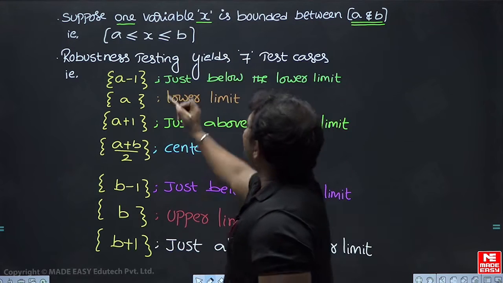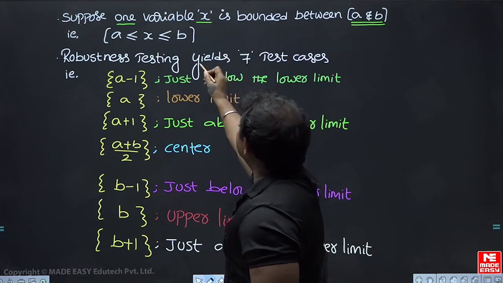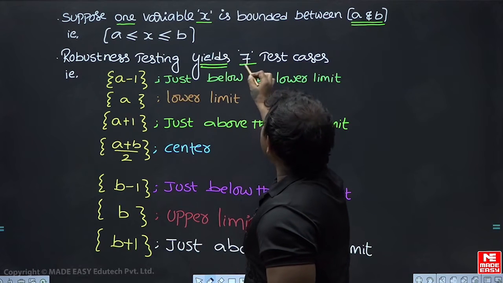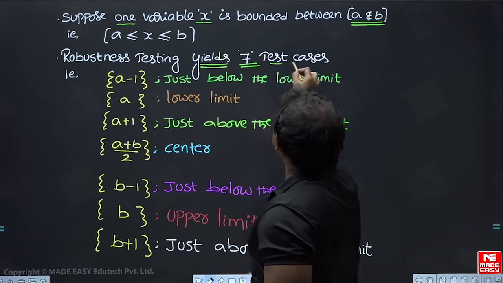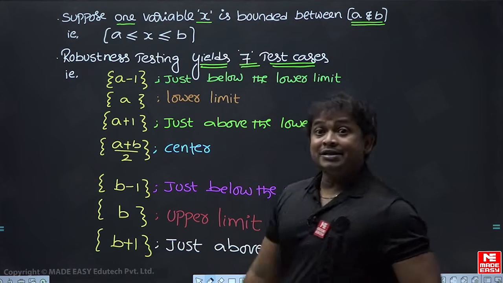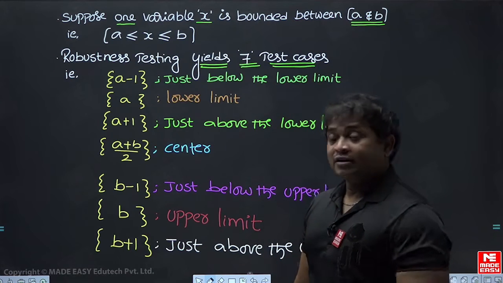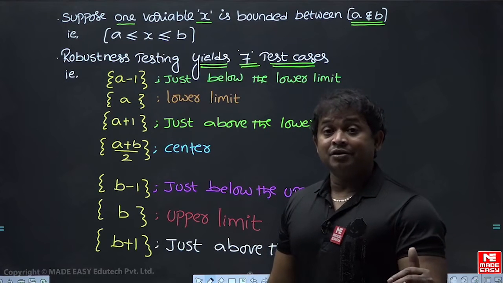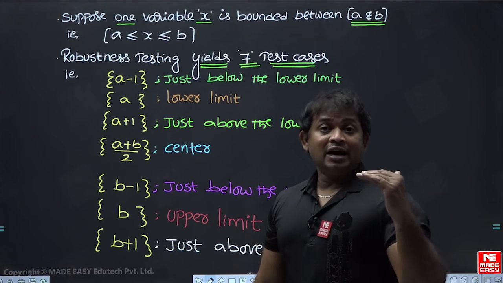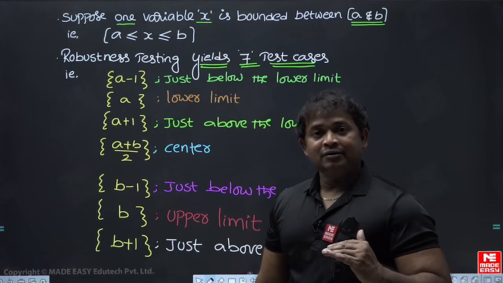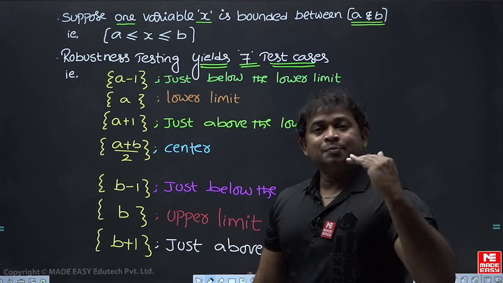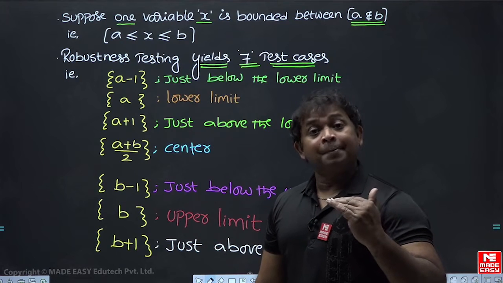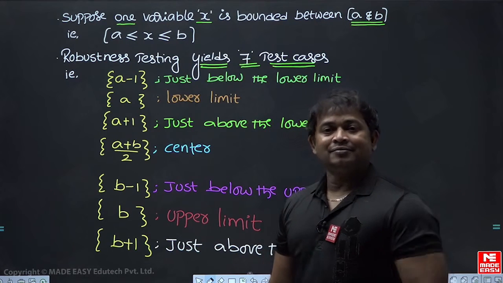Now, robustness testing. When you want to conduct robustness testing, as I explained earlier, 7 test cases are required. What are the 7 test cases? Lower limit and upper limit, just below and above the lower limit, just below and above the upper limit, and later, the center.